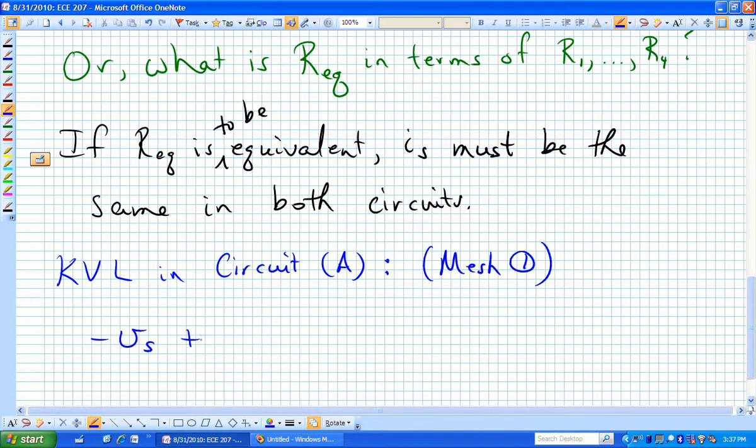Then we have the drops associated with all of those resistors. We have R sub 1 I sub s, plus R sub 2 I sub s, plus R sub 3 I sub s, plus R sub 4 I sub s, and those need to sum to 0.